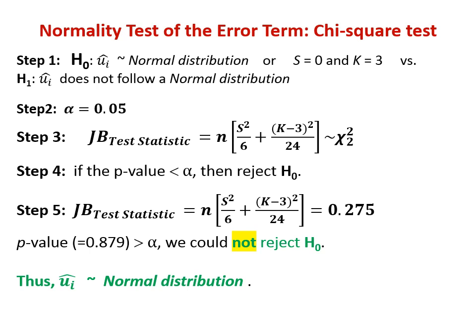In other words, the null hypothesis is a joint hypothesis that skewness equals 0 and kurtosis equals 3, versus the alternative hypothesis that residuals do not follow a normal distribution. We determine the level of significance at 5%. We identify the test statistic to be the Jarque-Bera statistic, as we have just said. If the p-value calculated for the Jarque-Bera statistic is less than the level of significance, then reject the null hypothesis.